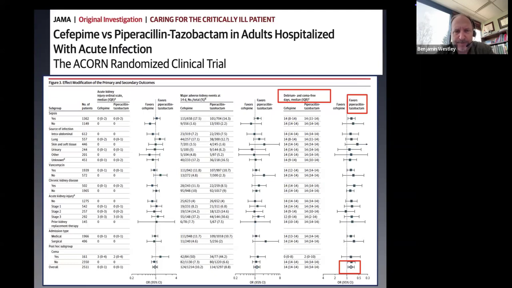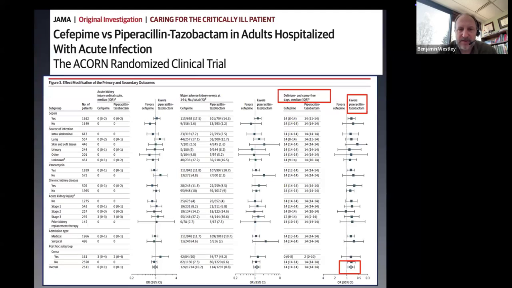This is the ACORN trial, and the whole enrollment was blinded and done out of the EHR, so it was really cool. And they basically showed that delirium and coma-free days were improved with piptazo. So there was no difference in major kidney events or acute kidney injury at all, but there was less delirium and coma in the piptazo group.